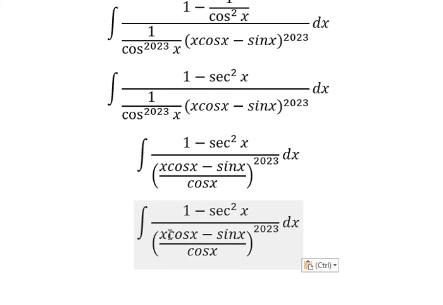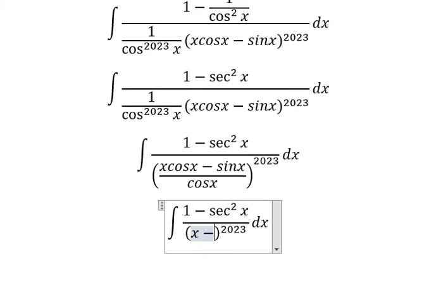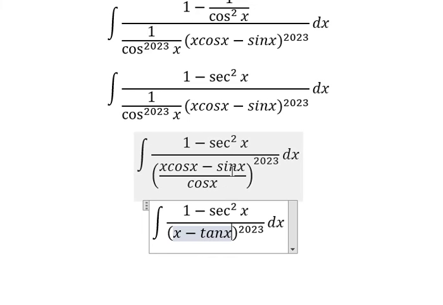So x cosine x divided by cosine x and sine x divided by cosine x. So we have x minus tan x, because sine x over cosine x, you got tan x.